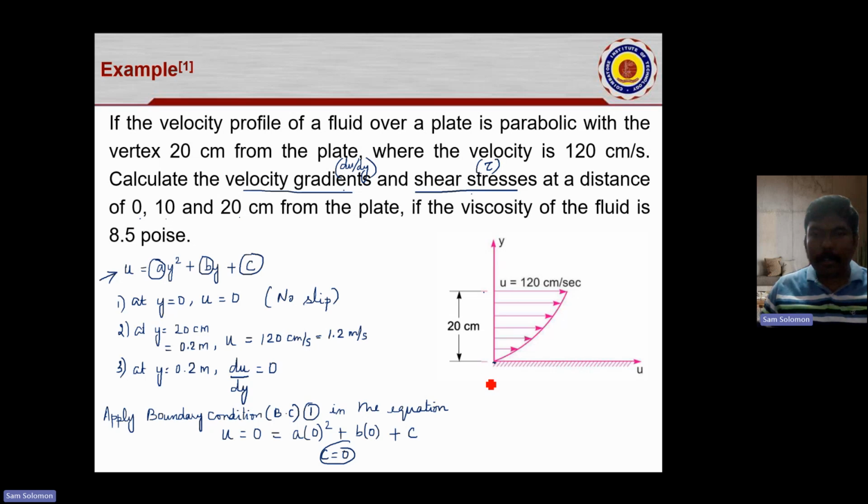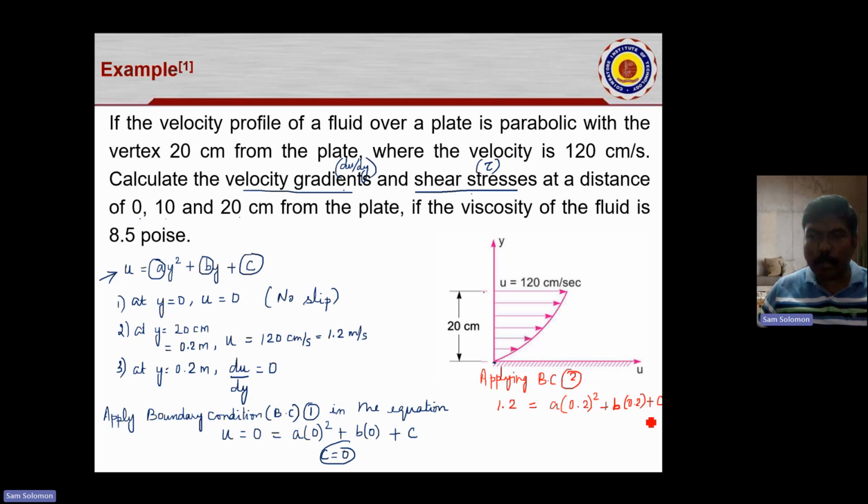Applying boundary condition 2, now I would get u is 1.2 meter per second. That is equal to a times 0.2 the whole squared plus b times 0.2 plus c.